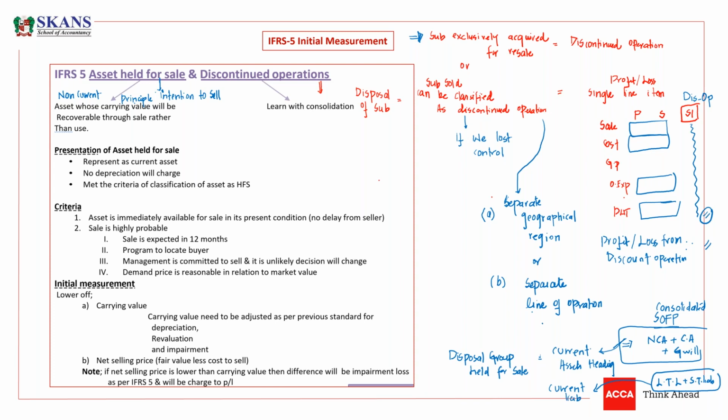We usually call it an asset held for sale. We will present that asset held for sale as a current asset, because this is no more a non-current asset. You are going to sell it soon, so you are going to get the benefit soon. So it should be reclassified from non-current assets to current assets.